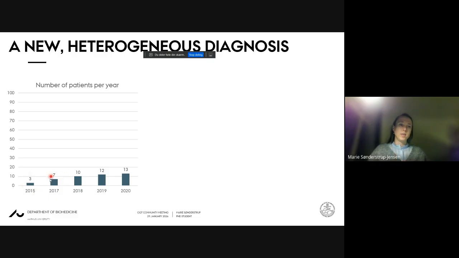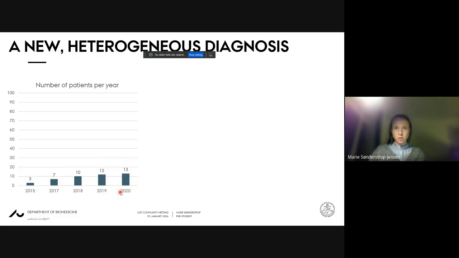Here you can see the accumulated number of patients that were discovered in these different years. And in 2020, there were 13 patients that made the basis of the first characterization of the syndrome as a whole.